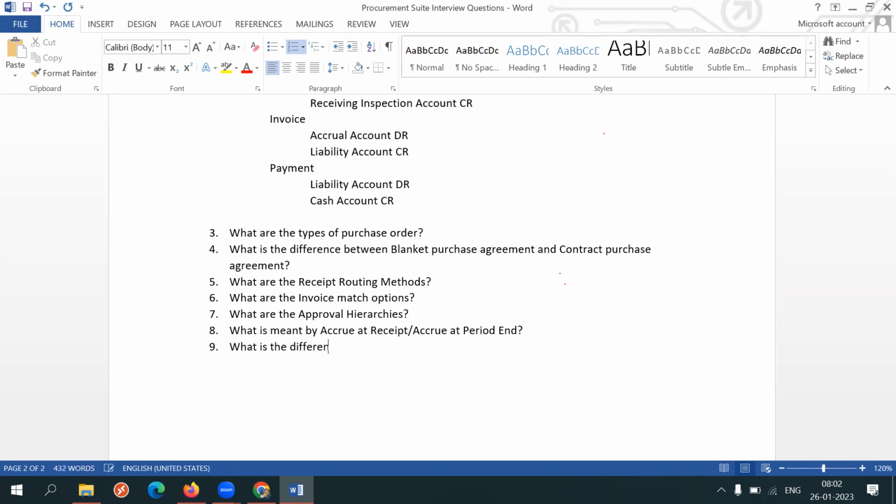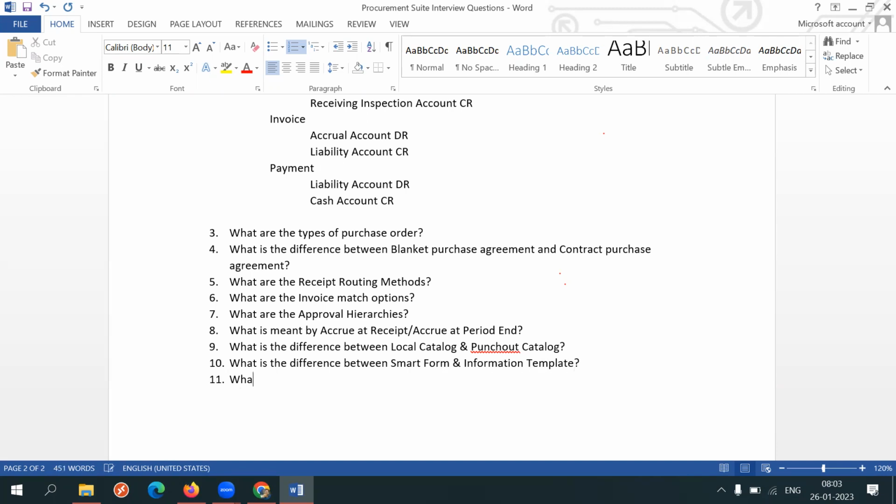What is the difference between local catalog and punch out catalog? What is the difference between smart form and information template?